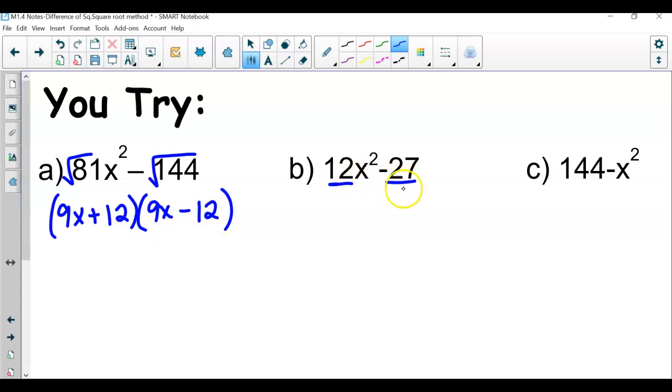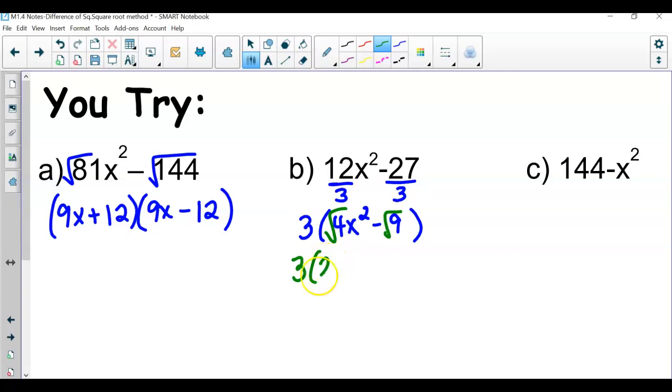They both can be divided by the greatest common factor of 3. So 3 times 4x squared minus 9. Now here, are we left with 2 perfect squares? Yes, I can take the square root of 4 and the square root of 9. So here you have 2x plus 3 and 2x minus 3.